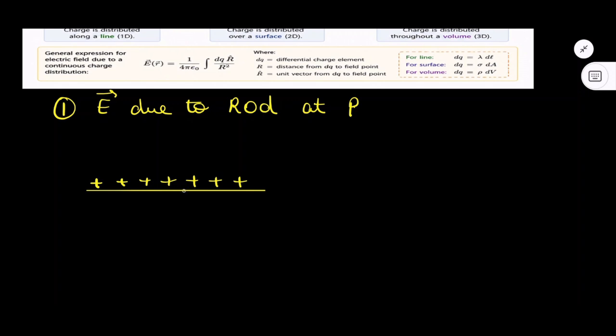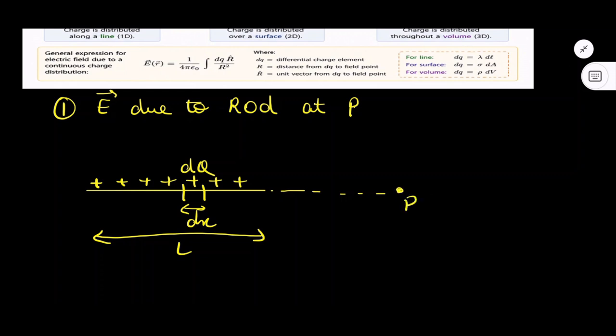I take a small element and let the length of this element be dx and the charge on it be dq, and the total length of the rod is L. We need to find the electric field at point P. Let the distance be d, and let the distance from the element to point P be x. So our first step is to identify, and the second step is to take a small element.